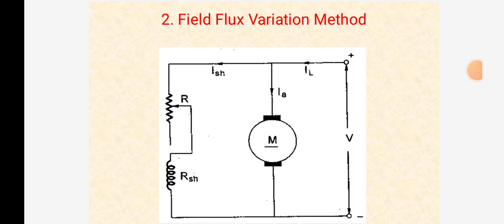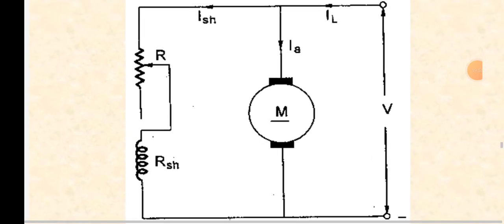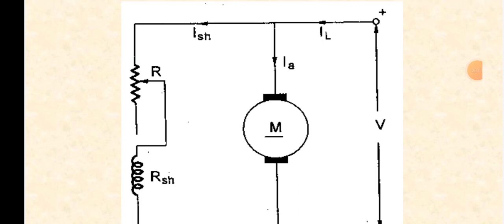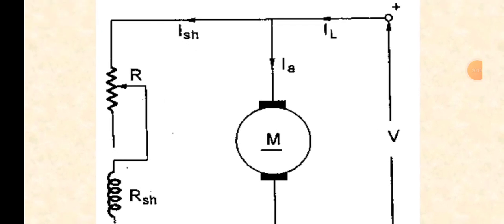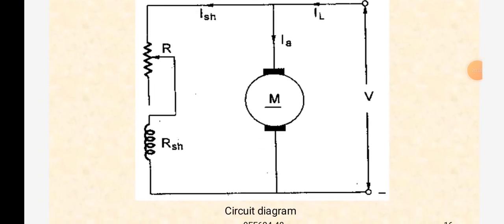And also we have the field flux variation. Here we have the motor with the shunt field and a rheostat variable resistor, and the load current is divided into armature current and shunt current.